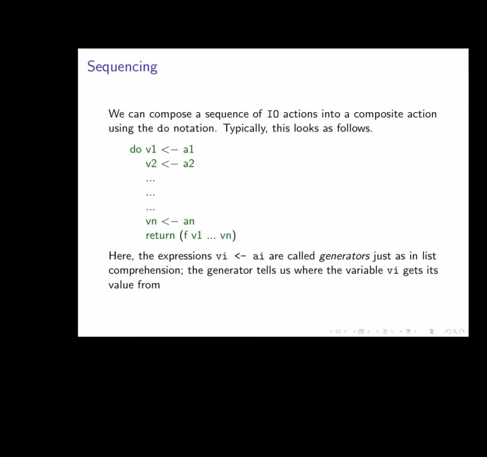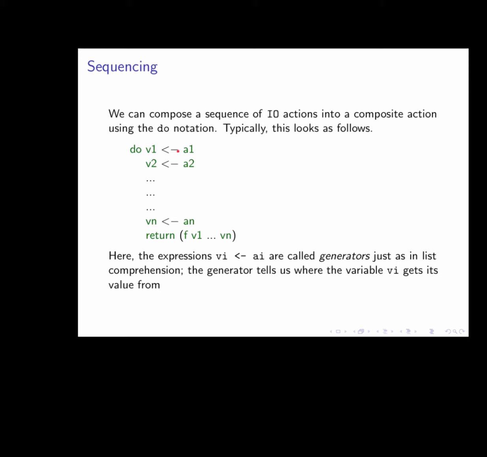We can compose IO actions as sequences. We can use a do notation to turn IO actions into a composite action. And typically, we would do this by writing the IO actions in this way. A1 up to AN are IO actions.